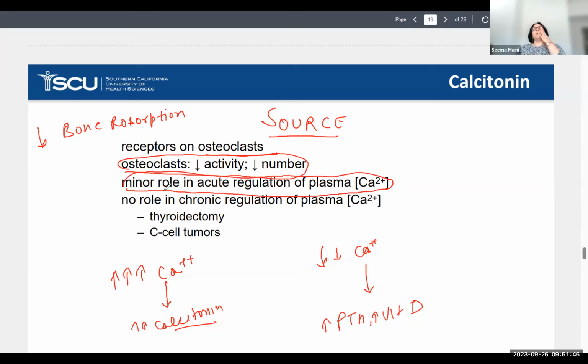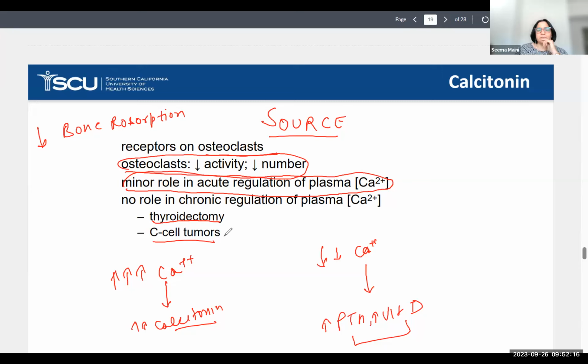If you talk about the principal hormones responsible for calcium homeostasis, those are these two. Calcitonin in humans doesn't have much role to play in acute or chronic regulation of calcium ions. Only if there is deficiency of calcitonin or excess calcitonin secretion in the blood due to C cell tumors, you will see their effects.